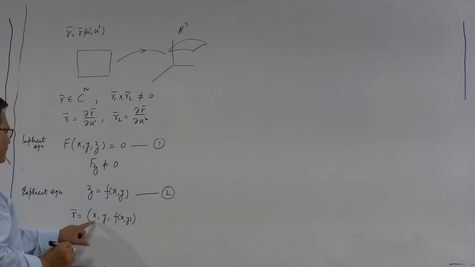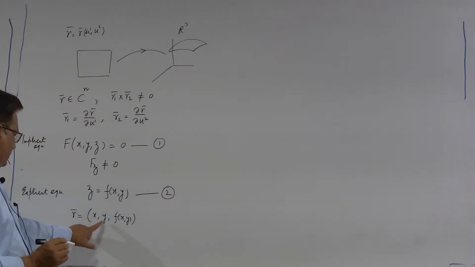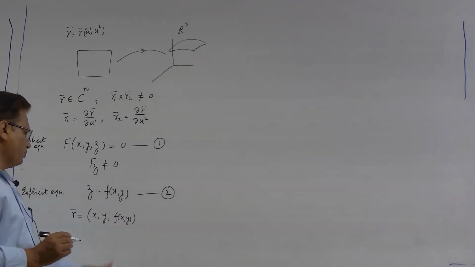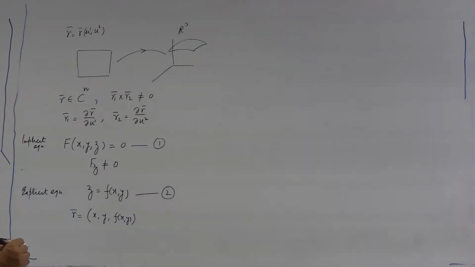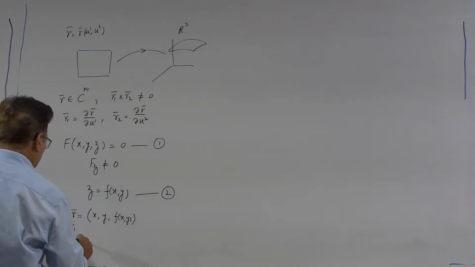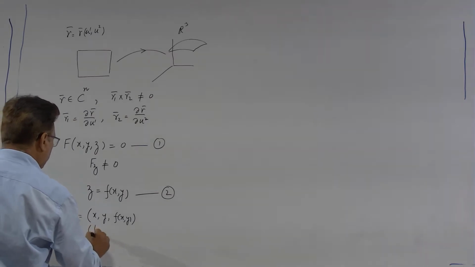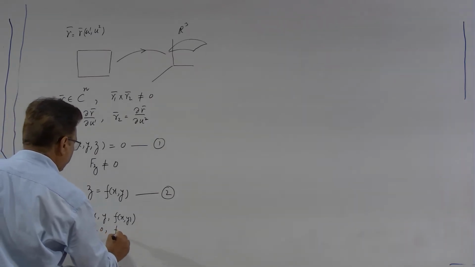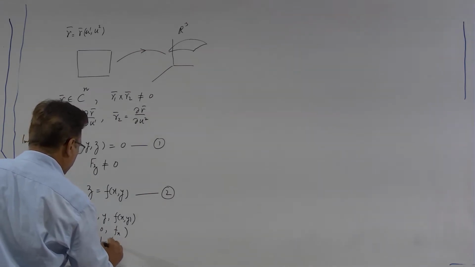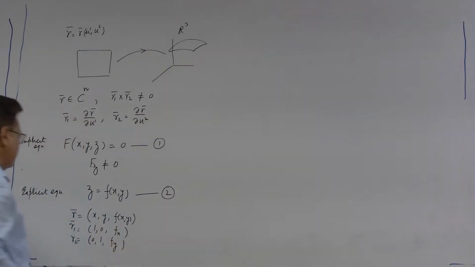So, here x becomes the first parameter u1 and y becomes the second parameter u2, and this is a small f of u1, u2. Then you can compute r1, r2, etc. This will be (1, 0, f_x), this will be (0, 1, f_y). All right. So, these were the things which I told you in my last lecture.